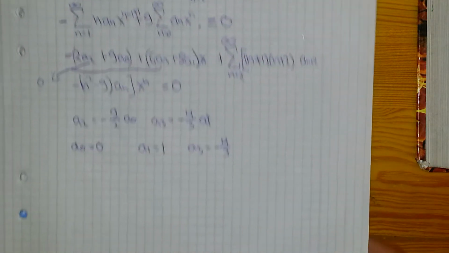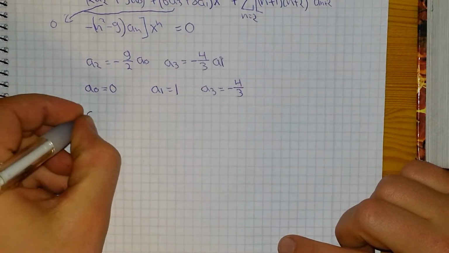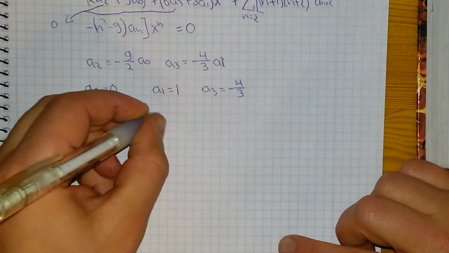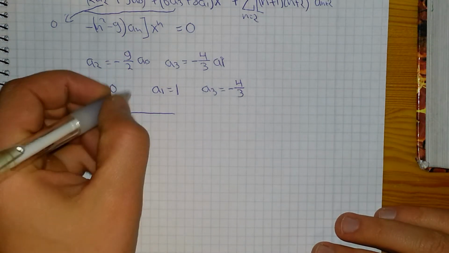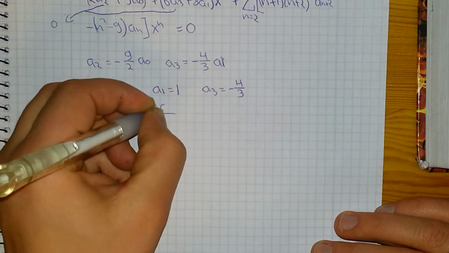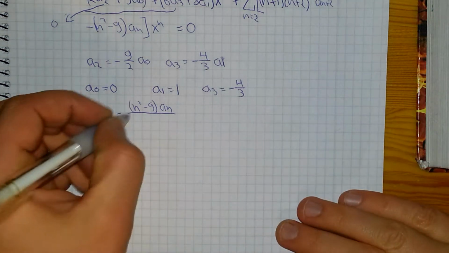So basically, if we write that, we end up with a(n+2) is equal to (n squared minus 9) a(n) over (n plus 1) times (n plus 2).